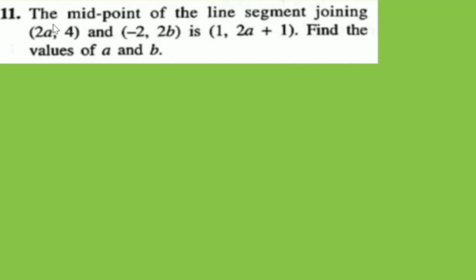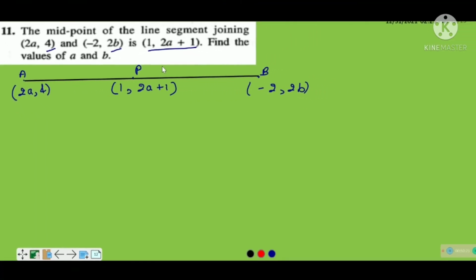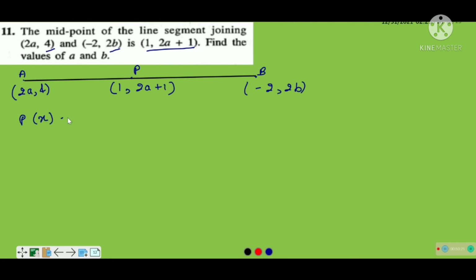Question number 11. The midpoint of the line segment joining this and this is this. Find the values of A and B, similar to question number 10. The end points are given, the midpoint coordinates are given, and with the help of this result we have to find out the values of A and B. First of all, for the x coordinate of P, (x1 plus x2) upon 2, this is x1, y1 and this is x2, y2.